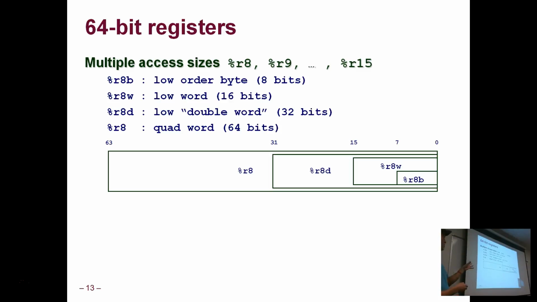And the suffix, the W says low word, where they say a word is 16 bits. The B is low byte, where the B stands for byte, the W stands for word. The D stands for double word, which is 2 of these. And then the R8 is a quad word, so I don't know why they didn't put a Q in there, but I bet you in the 128-bit x86, this turns into a Q, and then they'll do something else for them.